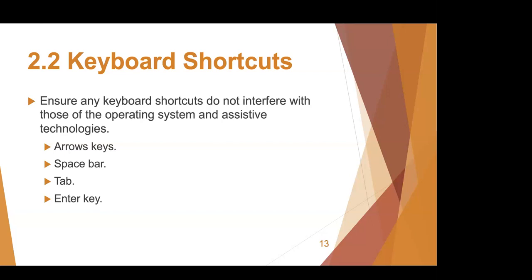The most important thing is for keyboard shortcuts on websites to not interfere with screen readers. A lot of common ones are like to use arrow keys or space or tab or enter, escape. Like there's a lot more.